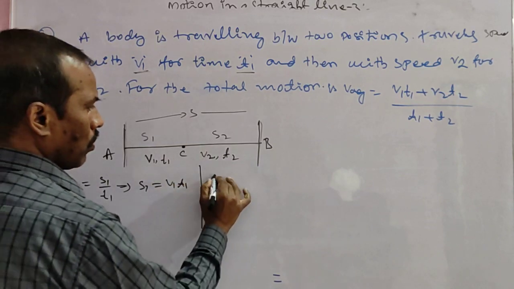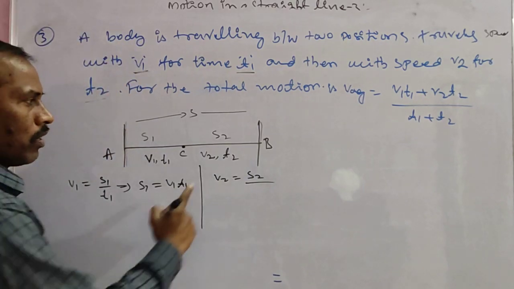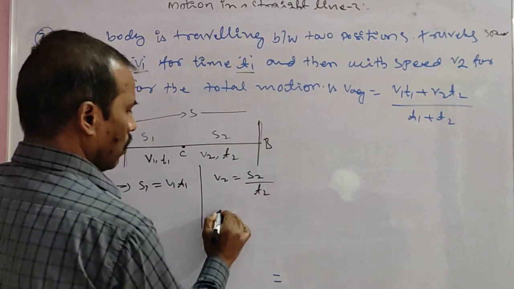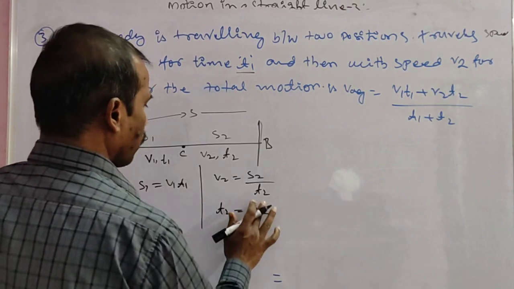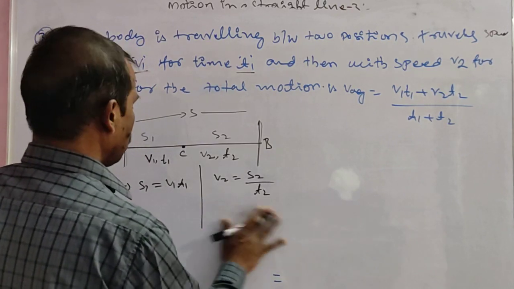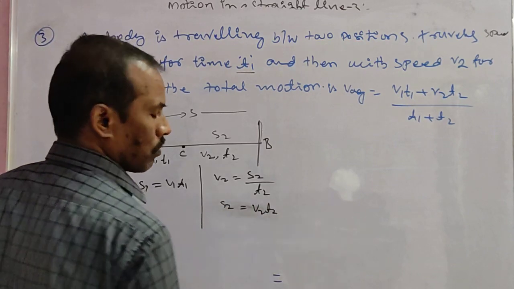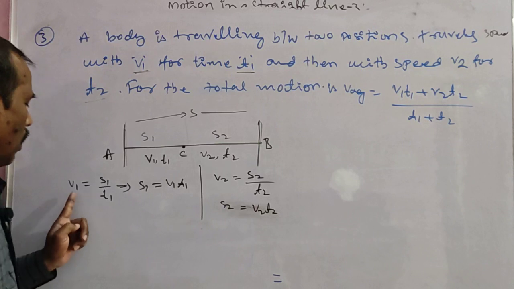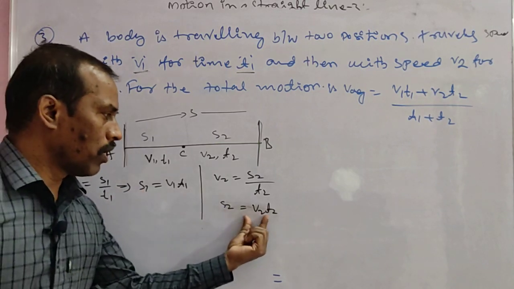Similarly, v2 is equal to s2 by time t2, so s2 is equal to v2 t2. So s1 is equal to v1 t1 and s2 is equal to v2 t2.